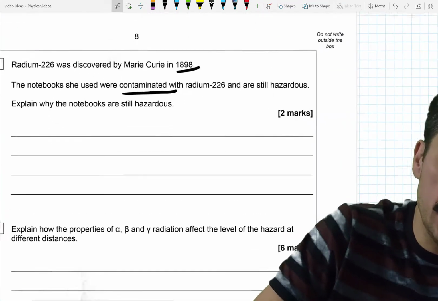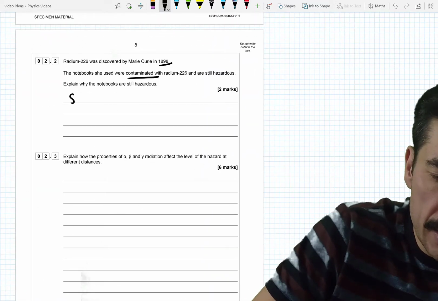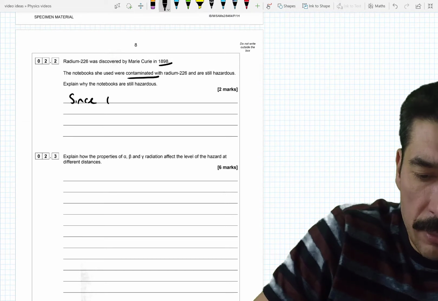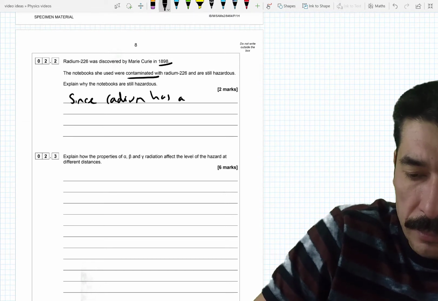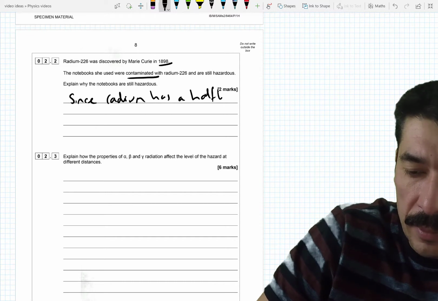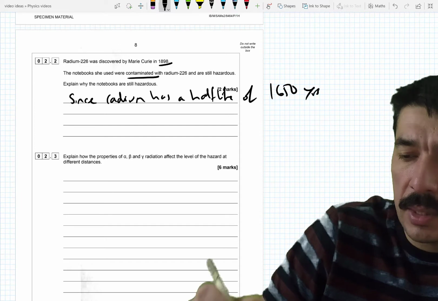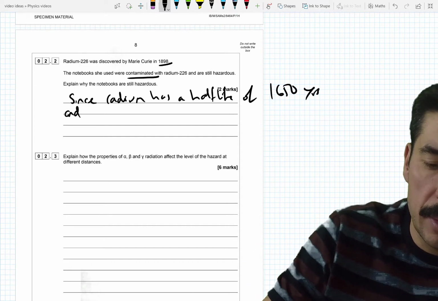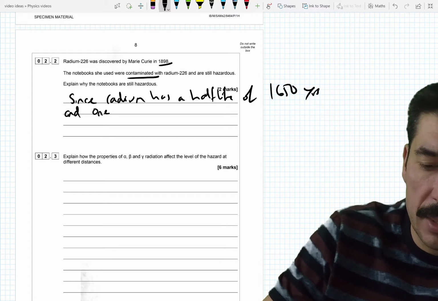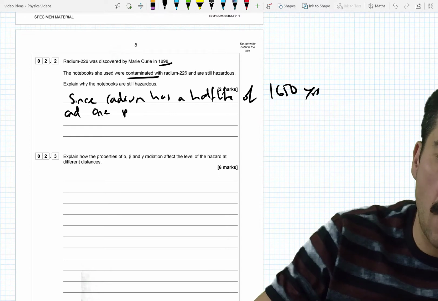Okay, so since radium has a half-life of 1,650 years, one half-life has not passed.